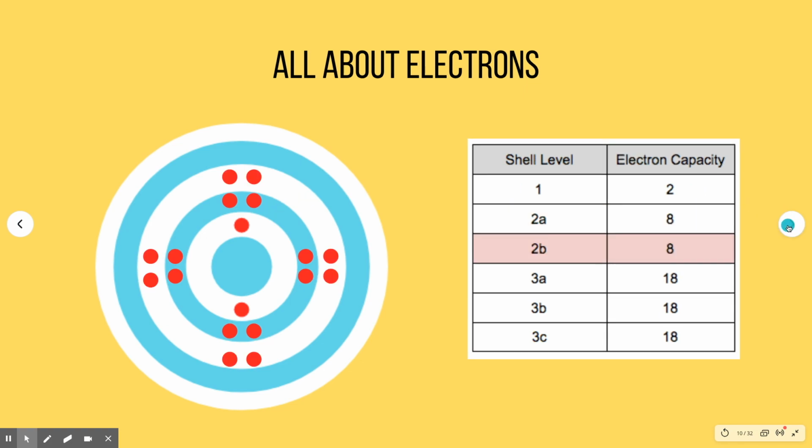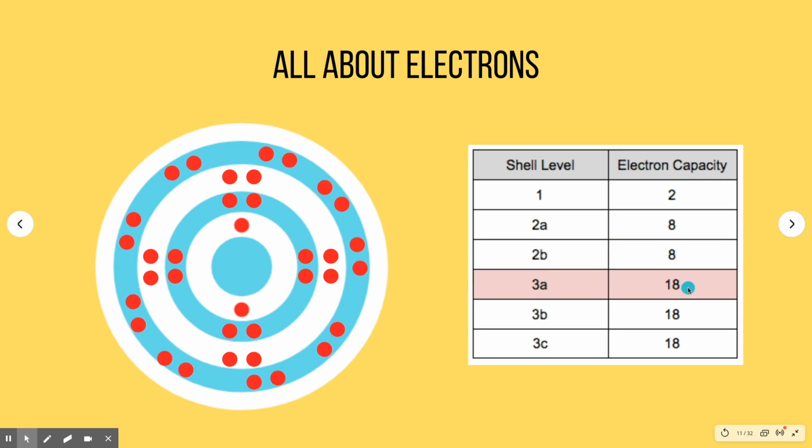The next shell is very similar. So the next shell is still considered level 2 because it also has a maximum capacity of 8. So there is 1 shell with a capacity of 2, 2 shells with a capacity of 8, and the remaining shells actually continuously increase. So moving on to level 3 shells, that electron capacity actually increases to 18. So there are a couple of level 3 shells.